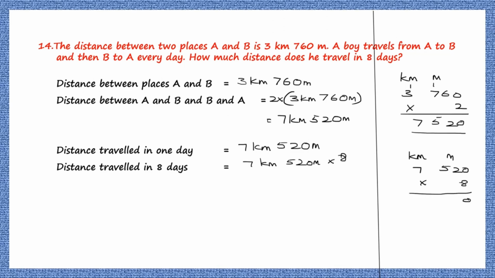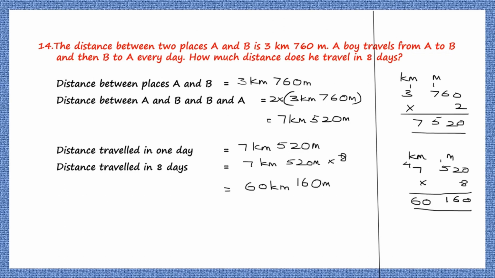So 8 zeros are 0, 8 twos are 16, carry 1, 8 fives are 40, plus 1 is 41, carry 4, 8 sevens are 56, plus 4 is 60. So the distance he travels is 60 kilometers and 160 meters.